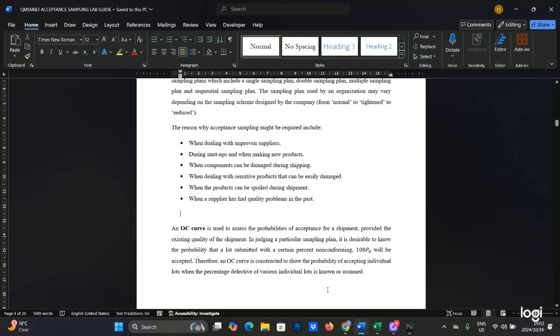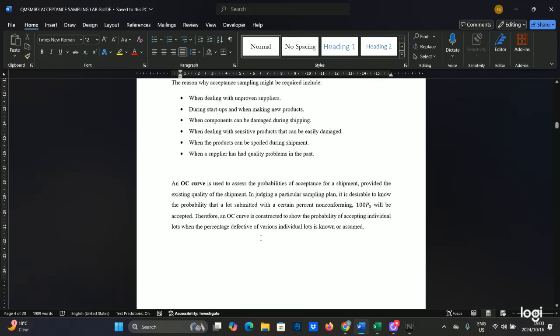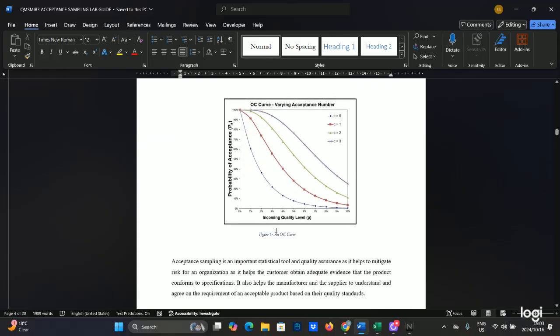It's almost impossible for a company to produce 100% defect-free products, so as a company you acknowledge that, but you have a limit which is defined by your C value.